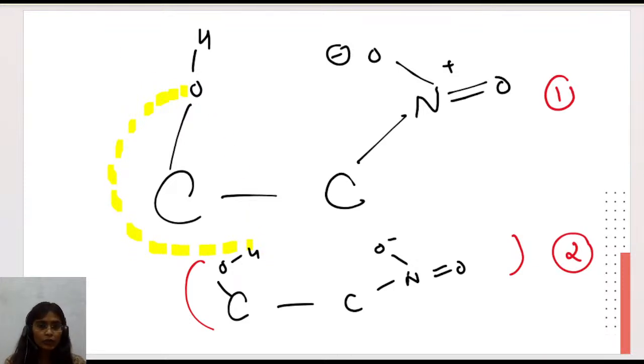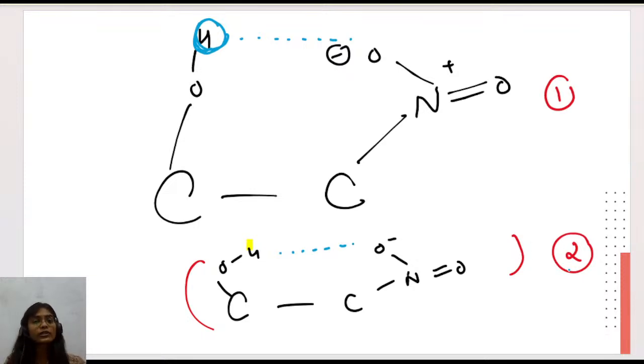But look, there is one more possibility. This hydrogen says, why move outside if we have a choice inside the molecule? This hydrogen combines with this oxygen. So if you compare one and two, each has a separate bond inside the molecule, and one and two have no hydrogen bond connection between one another.